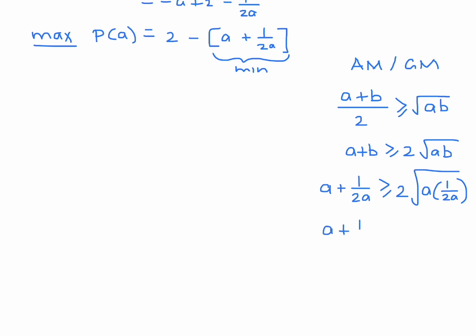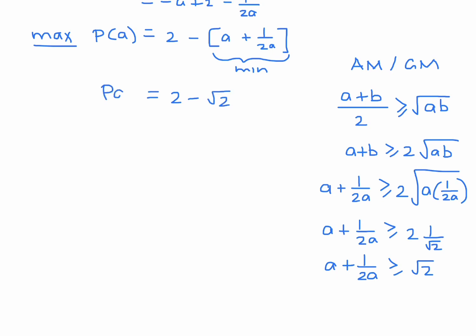So A plus 1 over 2A is greater than or equal to, well, the A's cancel and you just get 1 over root 2, and that's just root 2 over 2, right? So that means that A plus 1 over 2A is greater than or equal to root 2 over 2. So the smallest possible value is root 2 over 2. So the minimum possible value of that is what I'm going to put in, and that gives me my maximum possible value of P of A.